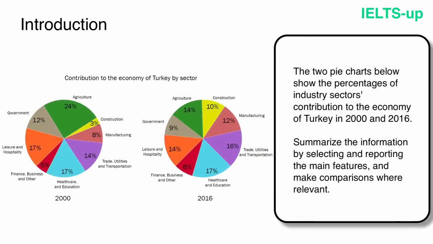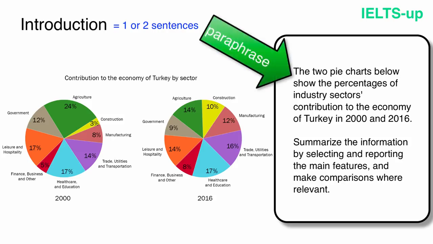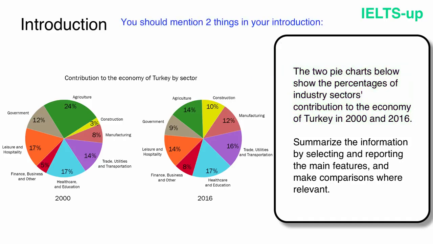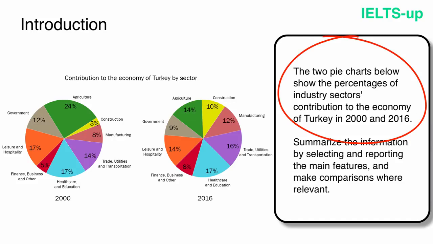As you remember, our first paragraph is an introduction. The introduction is 1 or 2 sentences where you simply paraphrase the information from your question. You should mention 2 things in your introduction: what your chart shows and for what period of time. You cannot just copy this text from your question card.